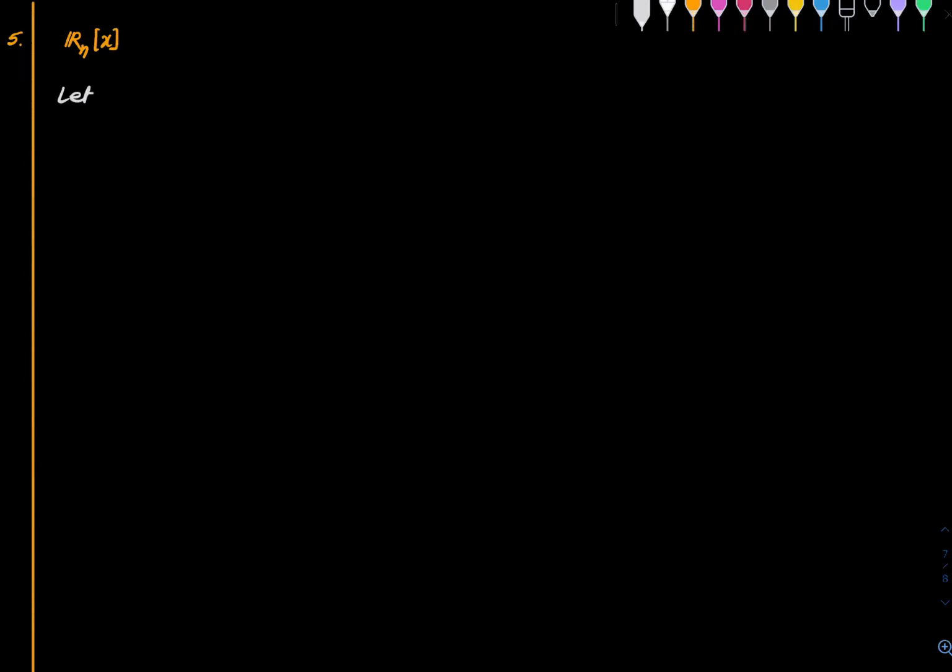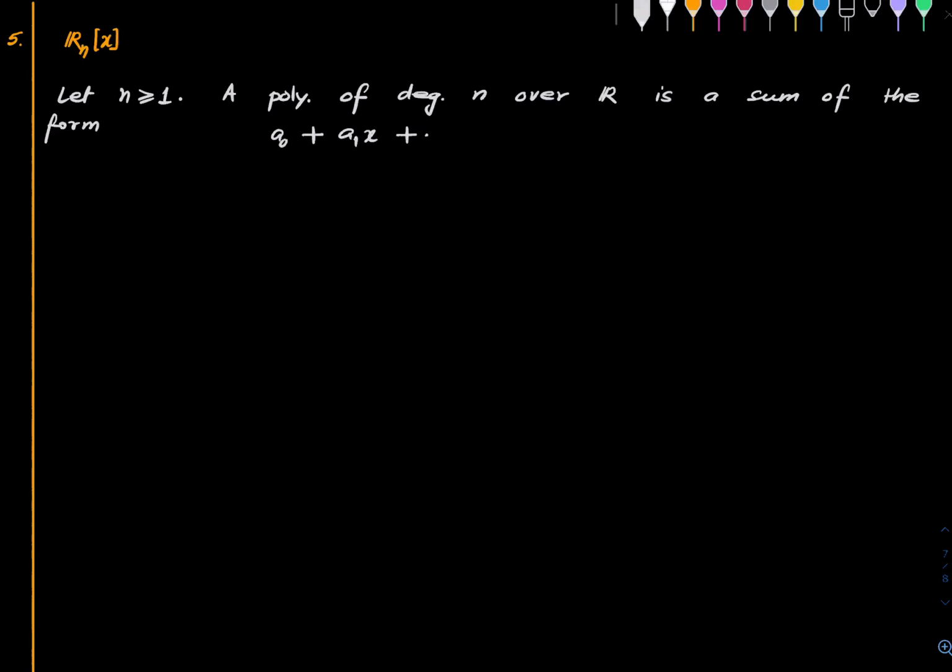So let n be a positive integer, and a polynomial of degree n over R is a sum or a formal expression of the form a_0 + a_1 x + ... + a_n x^n, where these are real numbers and a_n is non-zero.